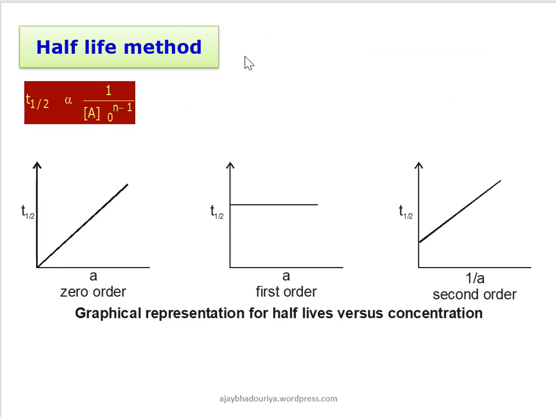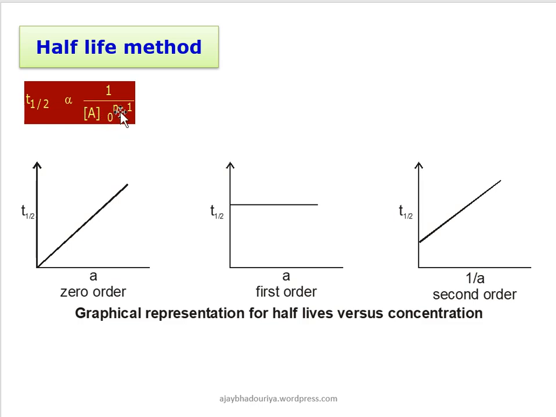Now there is another method, the half-life period method. The formula is: half-life, t half, is directly proportional to 1 upon A0 to the power of n minus 1, and that is showing the order of reaction. Suppose it is a zero order reaction, it means the value of n will become 0. 0 minus 1, it means A to the power of minus 1.